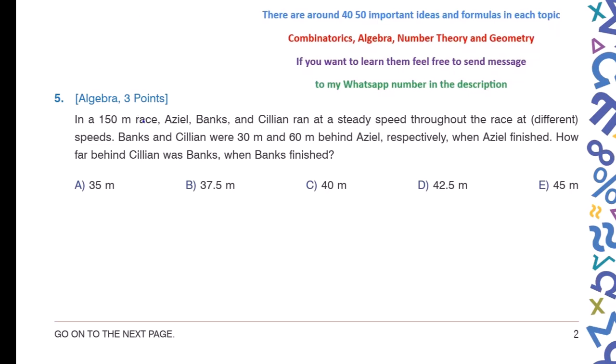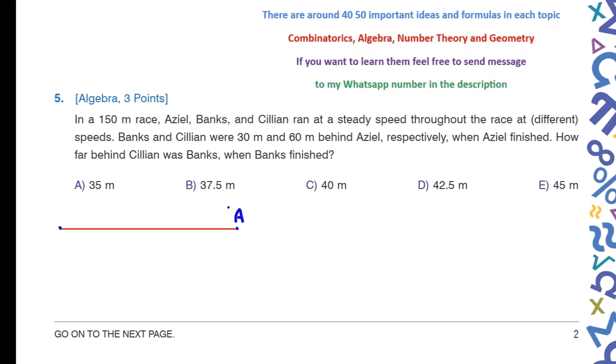Okay, for this problem, it says a 150-meter race. So let's consider this one and 150 from here to here. Different speeds, and Banks and Killian were 30 meters and 60 meters behind Aziel respectively when Aziel finished.